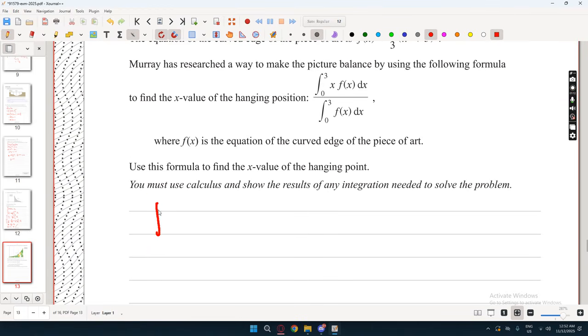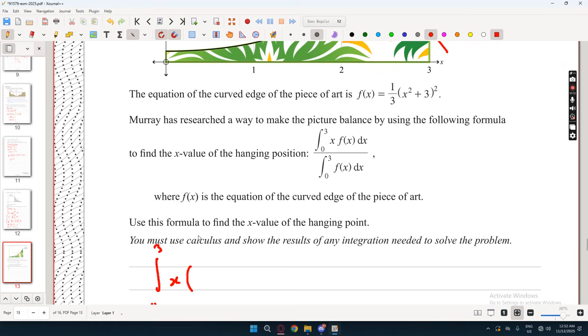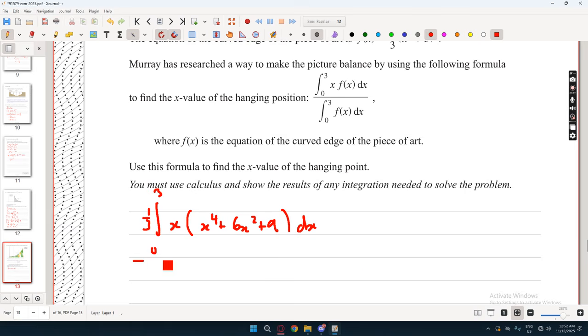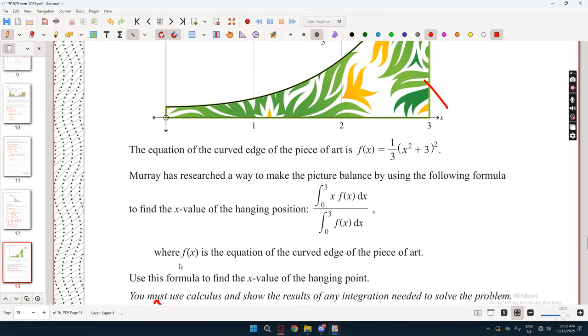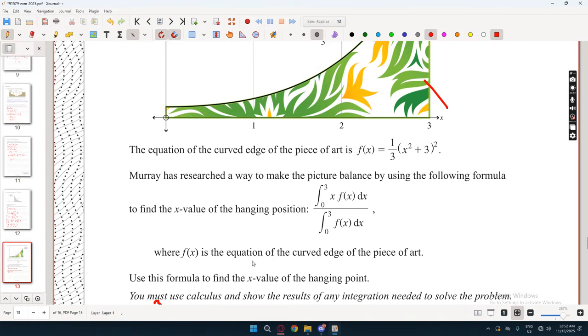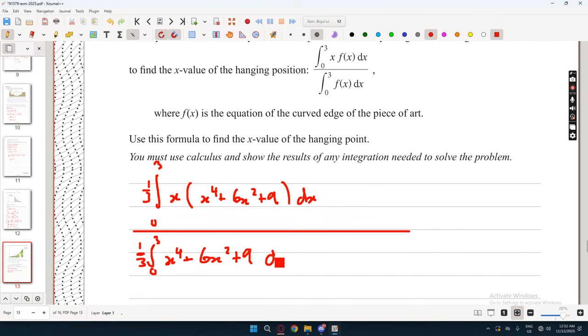Well, the integral from 0 to 3 of x times f of x, which is a third times x squared times (x to the 4 plus 6x squared plus 9) dx, divided by what is just a third times the integral from 0 to 3 of f of x. So that's x to the 4 plus 6x squared plus 9 dx.